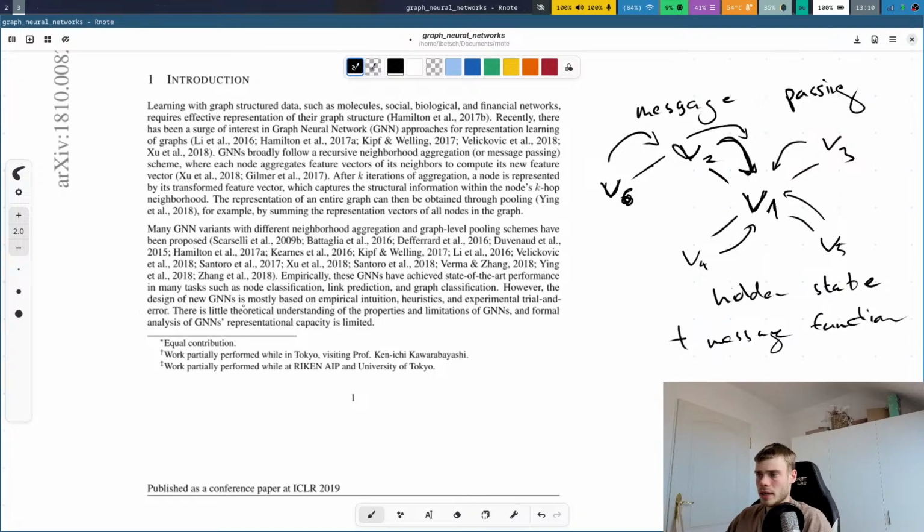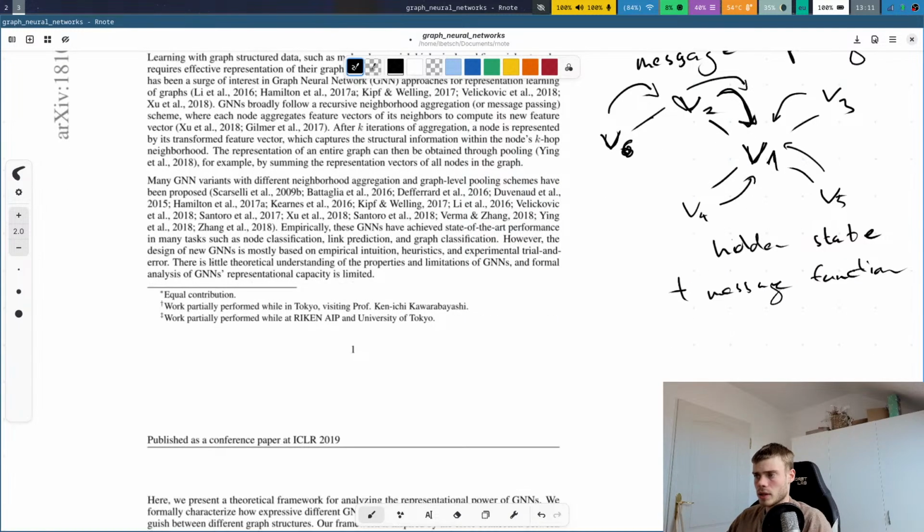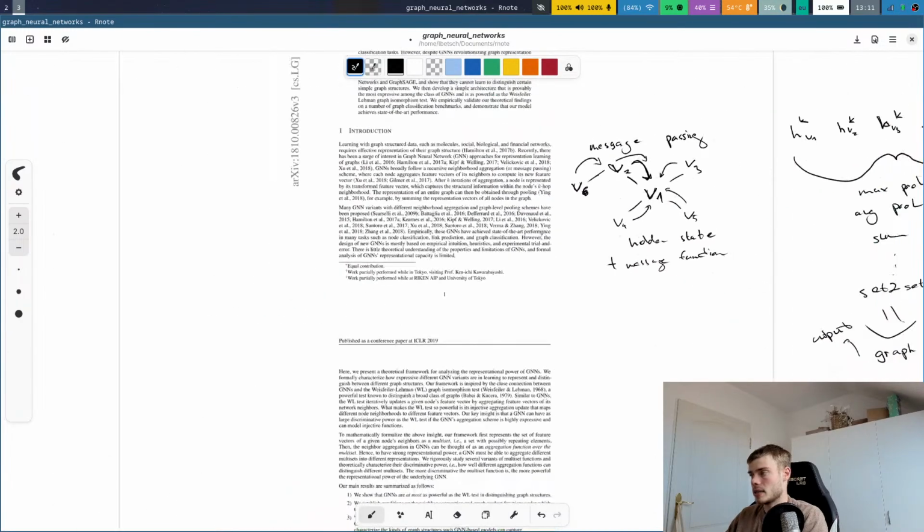However, the design of new GNNs is mostly based on empirical intuition, heuristics, and experimental trial and error. There is little theoretical understanding of the properties and limitations of GNNs and formal analysis of GNN's representational capacity limit.